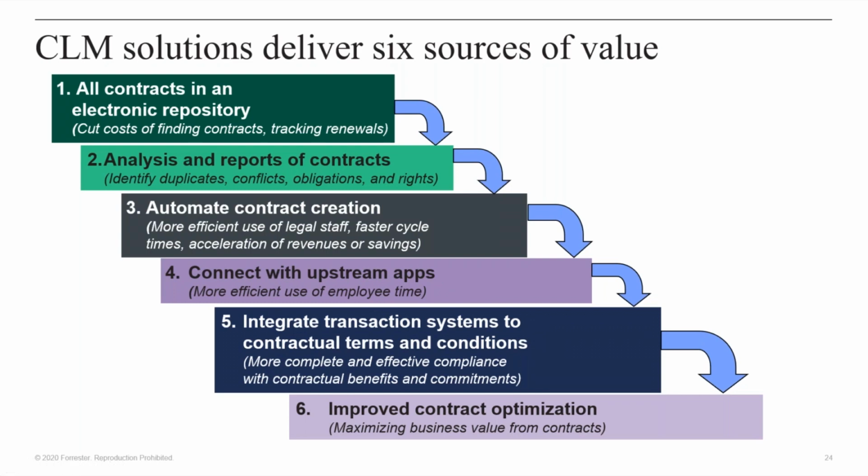Is the price being quoted by the supplier in line with the contract? When the invoice arrives, making sure that the invoice is in line with contract terms, if there are discounts or rebates or other factors here. And that gives you much more complete and effective compliance with those contractual benefits and commitments you expected to get from that contract when you signed it.